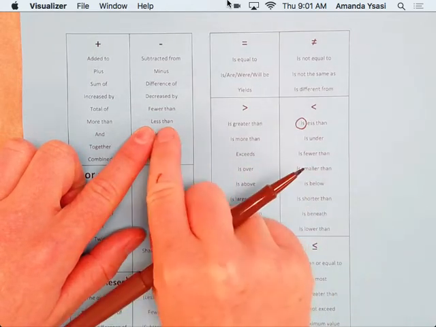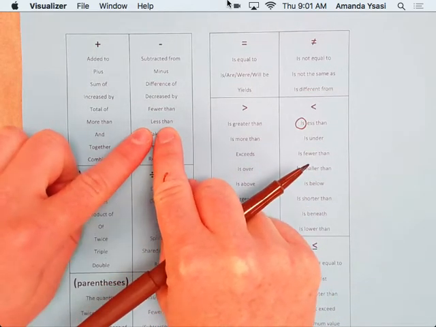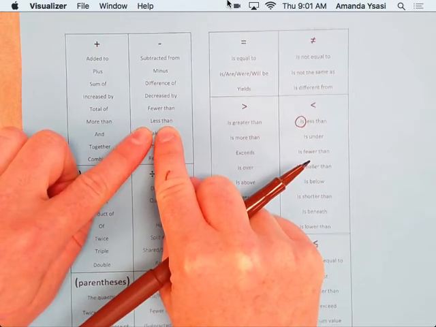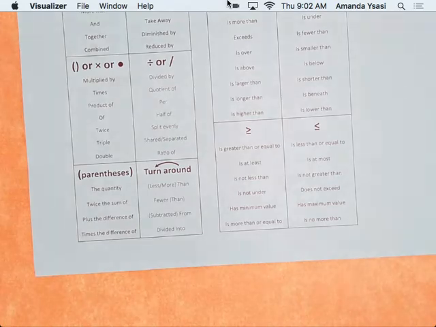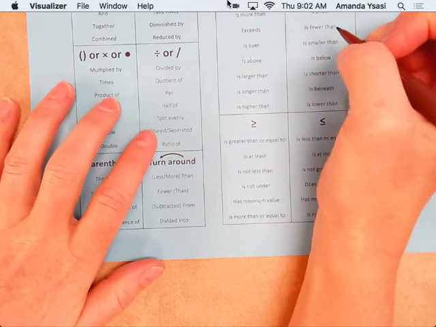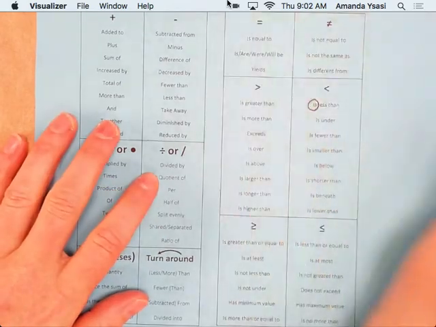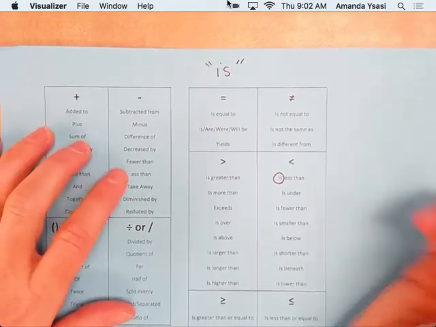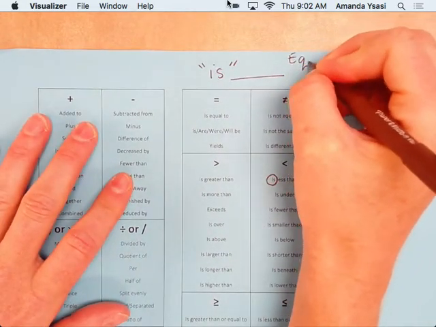So if it says 5 less than 2, then that means a subtraction problem. But it's actually a turnaround problem, okay? So let's write the turnaround problem. So anytime we have is something or is, that's going to mean equation or inequality.